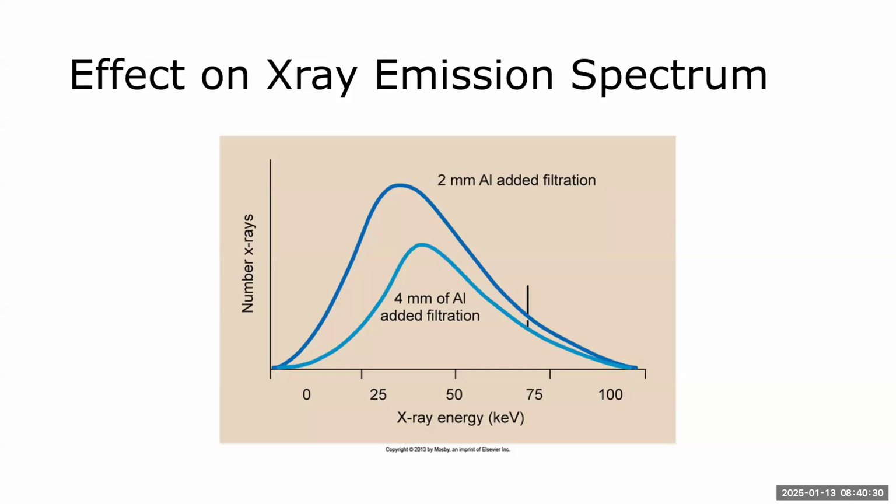It increased, right? Because here, the X-ray energy is about, oh, I don't know, 35-ish, something like that. Here, it's more like 40. So the average energy is going up. The number of photons is going down. They're being absorbed before they are ever directed at the patient. Okay?